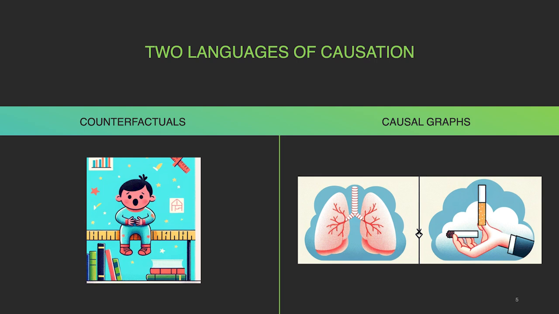So you might hear two different languages when we're talking about causation. The first, you might hear the term counterfactuals, and the other is causal graphs, or what's often known as intervention, right? And we can talk about these scenarios in two different scenarios. Let's say that you're a kindergarten teacher, right? And you're assessing reading levels.